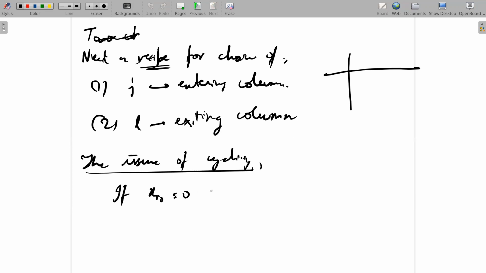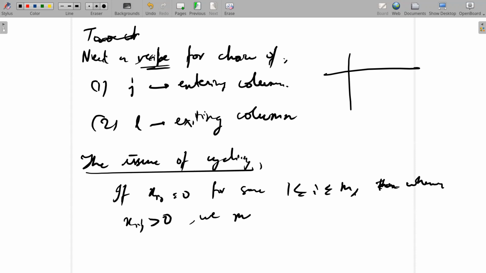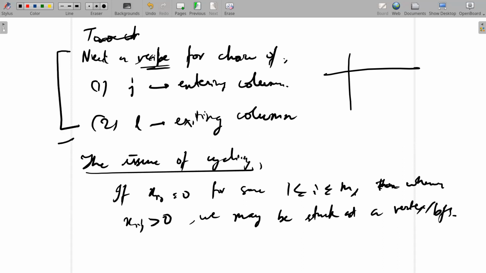So if xi naught equals 0 for some i between 1 and m, then, by the way, whenever xij is strictly bigger than 0, we may be stuck at a particular vertex or BFS. These two issues that we pointed out, we'll solve in one go.